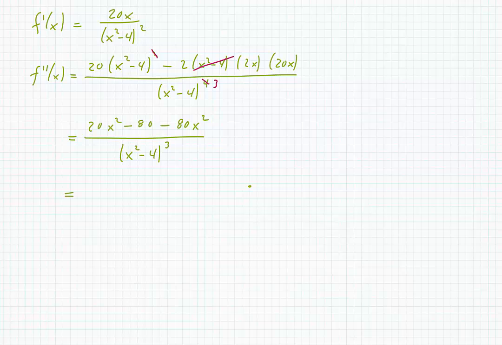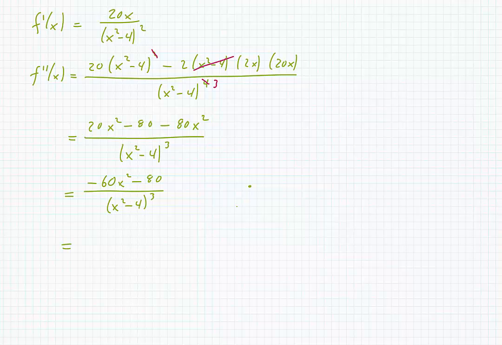A little bit more cleanup, and we get negative 60x squared minus 80 divided by (x squared minus 4) to the third power.